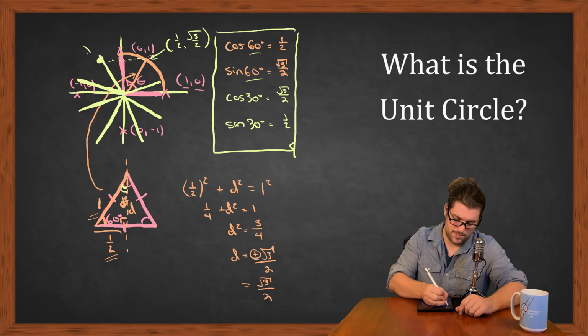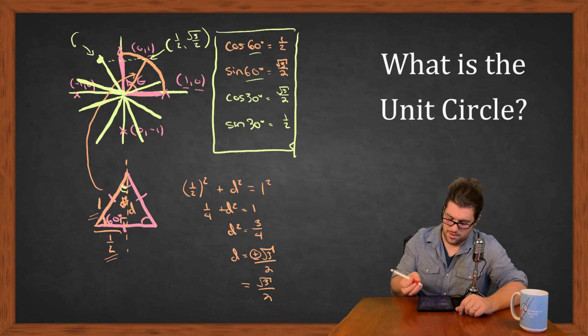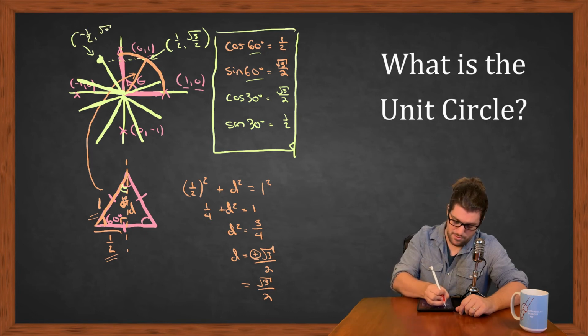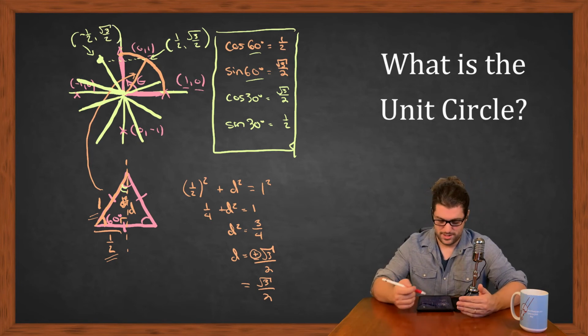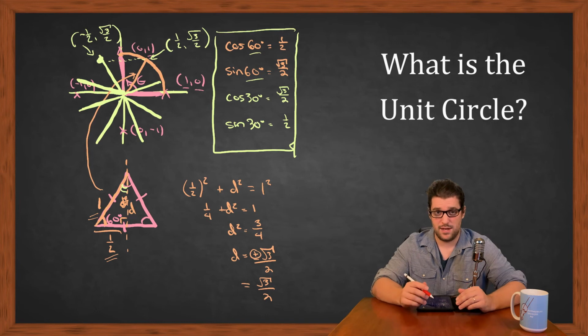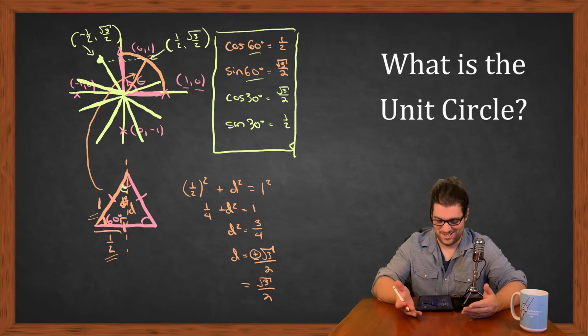So this point over here has coordinates of, oh, that's silly, negative 1/2 and root 3 over 2. What that ends up meaning, which is pretty cool, is that we can just plop the positives and negatives according to where they are in Cartesian space.